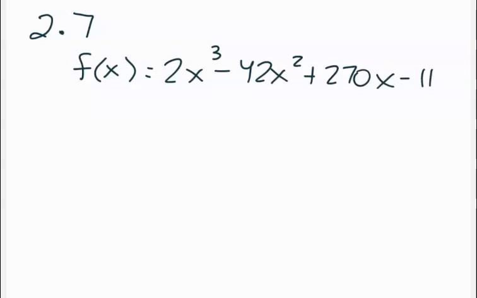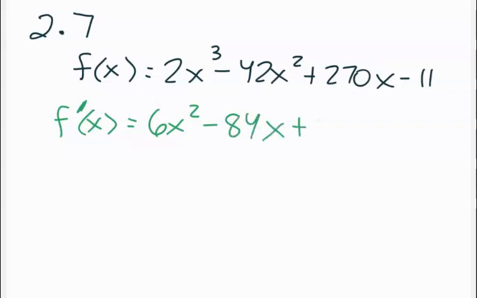Well, first thing we need to do for critical points, those top of the hill, bottom of the valley, the only thing that we know about where they are is they're places where the derivative equals 0. So first, I'd like to take the first derivative of this function. So derivative of 2x to the third is 6x squared. Negative 42x squared is negative 84x. And then 270x to the first is just 270. And the derivative of a constant is 0.